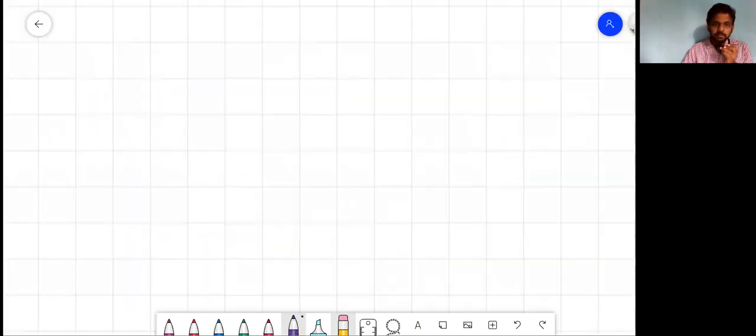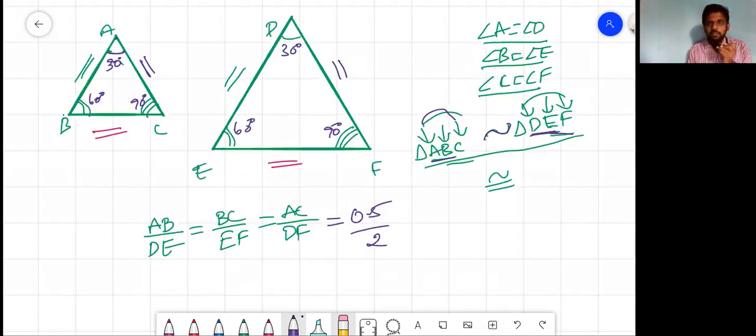So if three angles are equal, if angle A is equal to angle D, angle B is equal to angle E, angle C is equal to angle F, then we can say that this is the triple A criterion. You can use the double A criterion also. Even if two angles are equal, we can say that the triangles are similar, because we know that the sum of all the angles in a triangle is 180 degrees, right?